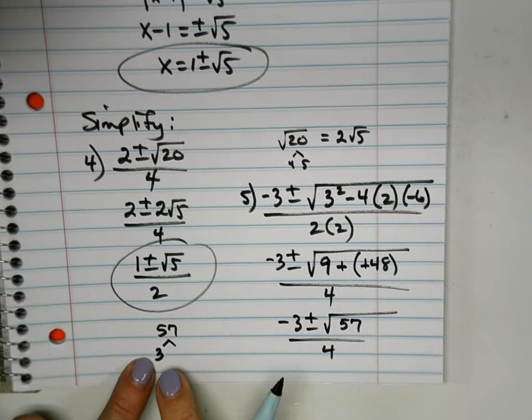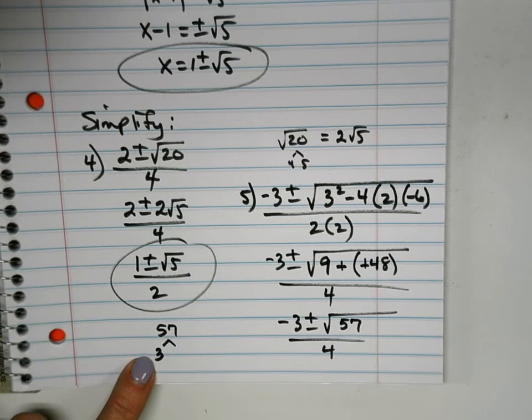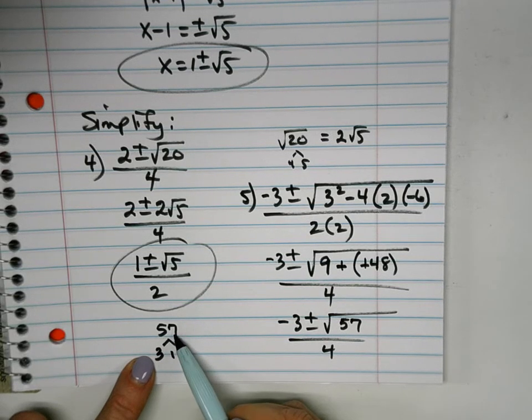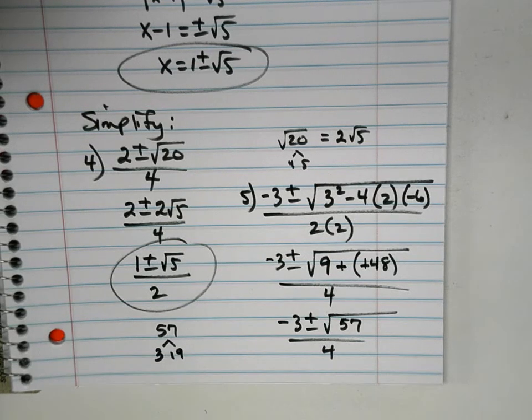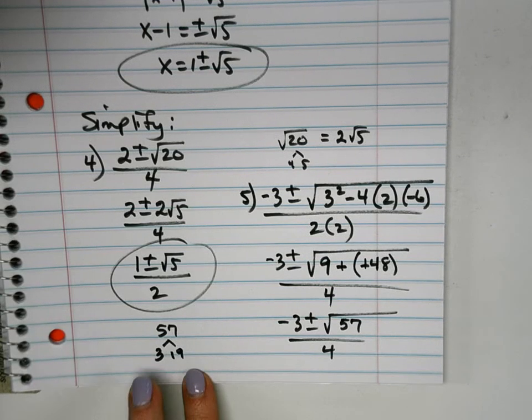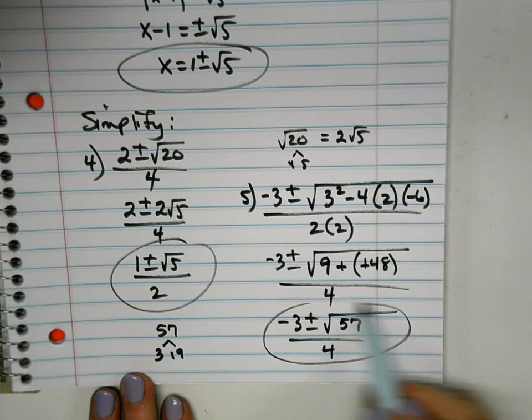How many times does 3 go into 57? Can you do that in your head? 3 goes into 5 once. You'd have 2 left. 3 goes into 27. 19. Can you factor 19? No, it's prime, right? Okay, so if there are no greatest common factors, there's no pairs, then you just leave it. And then in that case, there's nothing you're going to be able to reduce. That would be your answer. Okay?